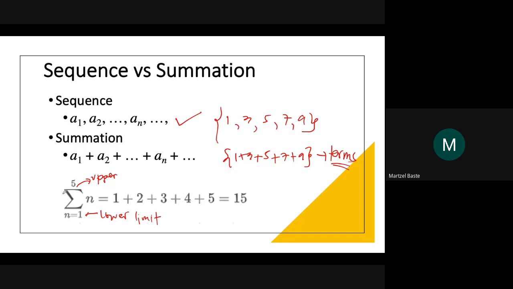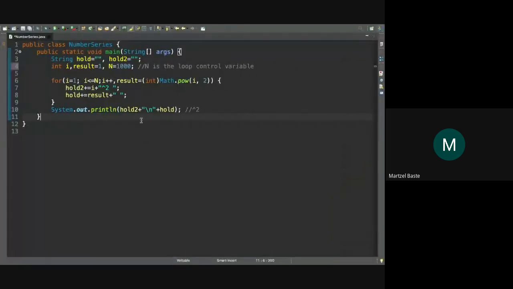Since it is a summation, because of this sigma, you will need to add: 1 plus 2 is 3, plus 3 results in 6, plus 4 is 10, and 10 plus 5 results in 15. Basically, if we program this.